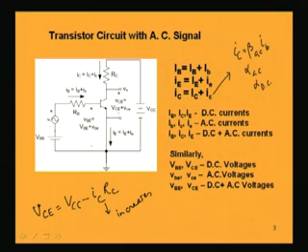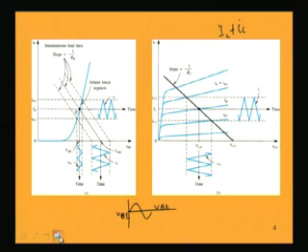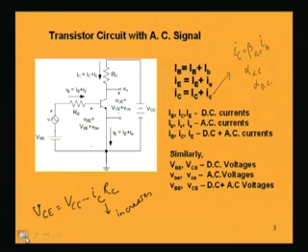Now, if IC increases, then obviously this whole quantity will be decreasing, because of the negative sign. The ICRC drop will increase, which means VCE will decrease. This is an important fact to be noticed here: when collector current increases, collector to emitter voltage will decrease, because of this negative factor.